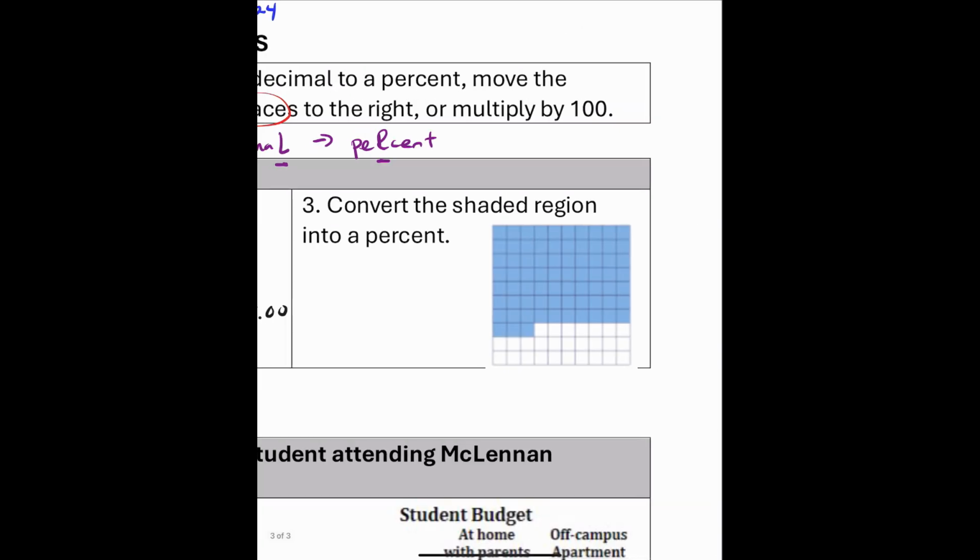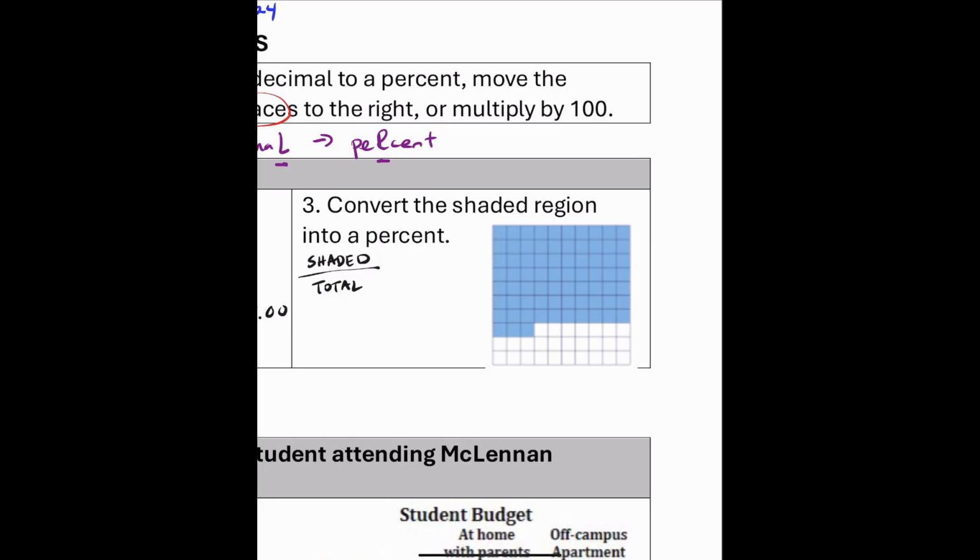Okay, so this here says convert the shaded region into a percent. So first of all, we're going to do the shaded over the total. Okay, so the shaded squares over the total number of squares. So how many squares are there? Let's see.